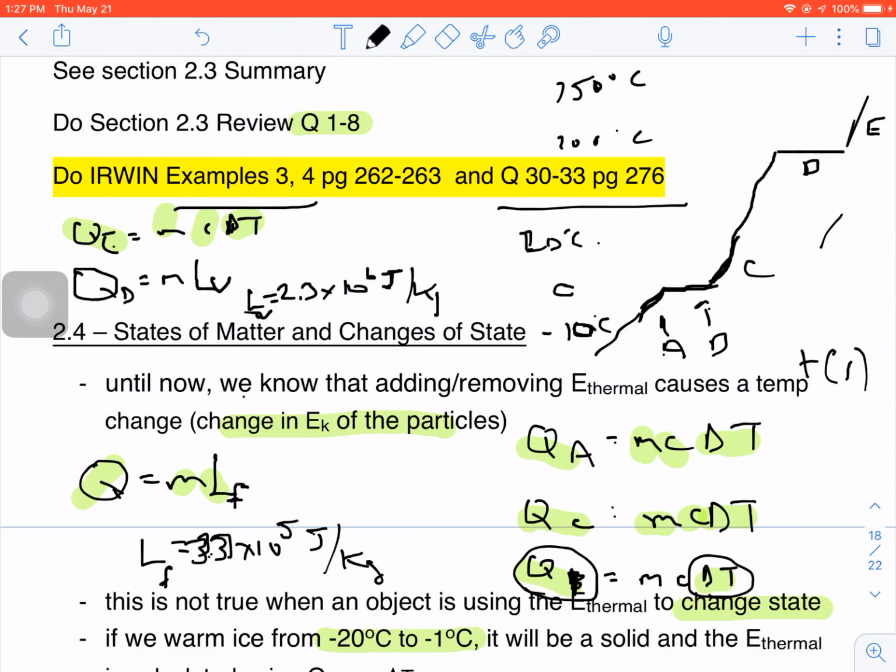During region A, I'm causing it to warm up. It's a direct relationship between the amount of energy added, which is a function of time, and the amount of temperature change that's going to happen.